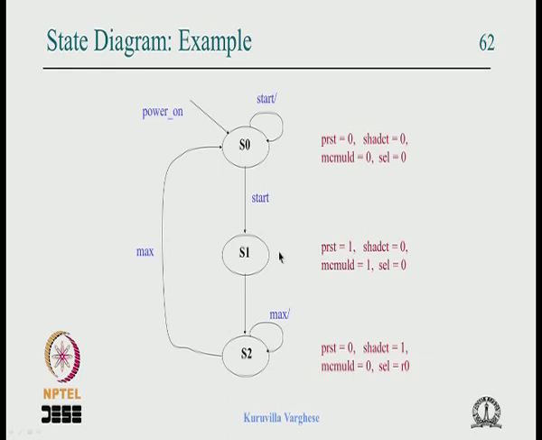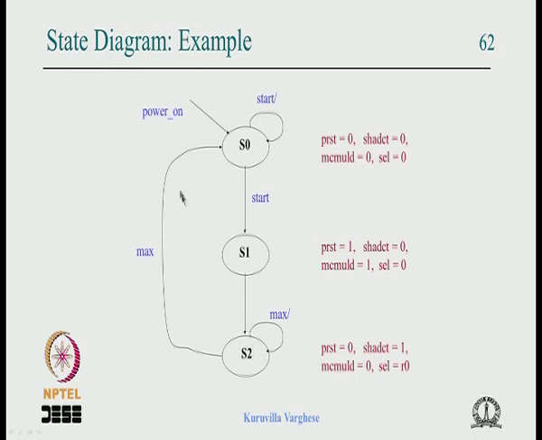Before going there we have to do some state assignment. If you do binary encoding for 3 states we need 2 flip flops, okay. So let us assume the states use 2 flip flops Q1 and Q0, and a sequential state assignment: 00, 01 and 10.